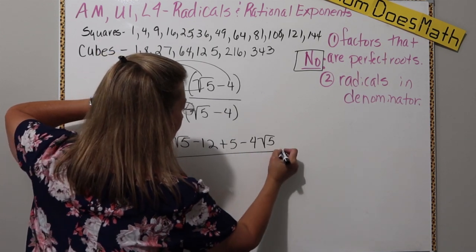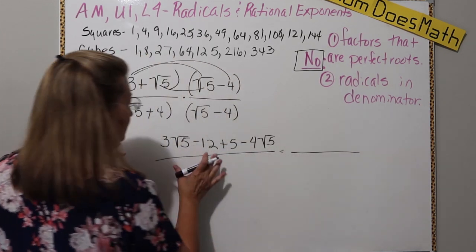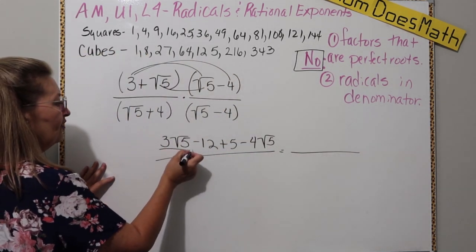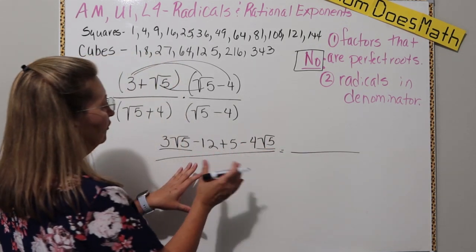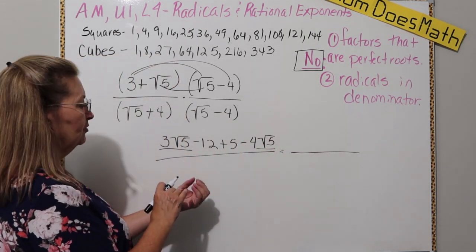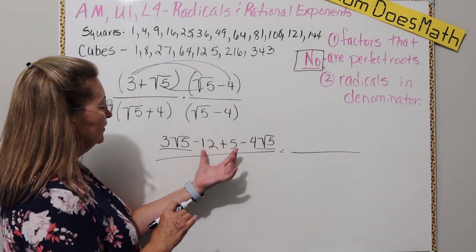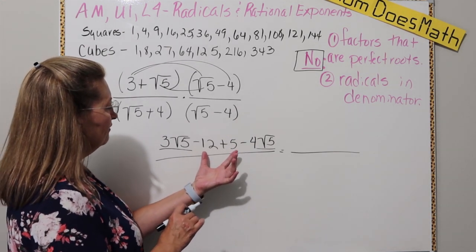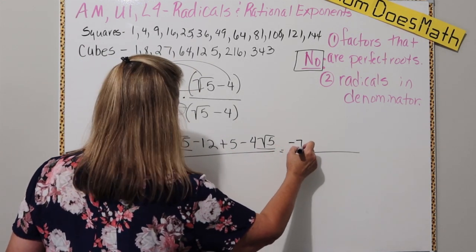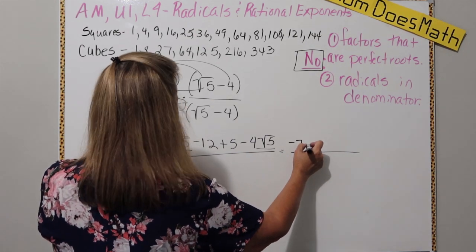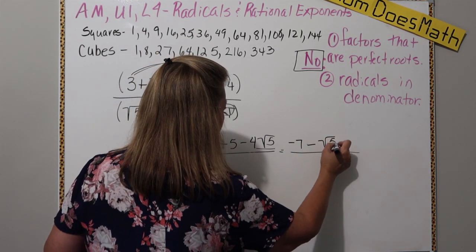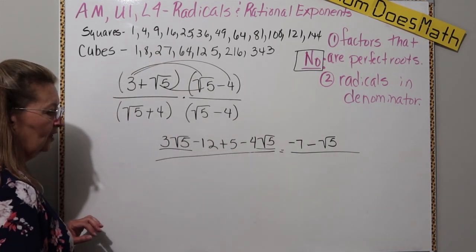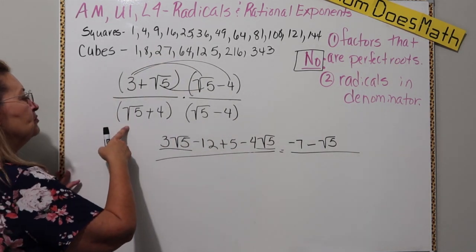If you want to go ahead and simplify this top one, let's do the whole numbers first because you want to put the whole numbers in front. Negative 12 plus 5 is -7, and 3 square root of 5 minus 4 square root of 5 is minus 1 square root of 5.